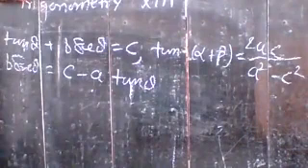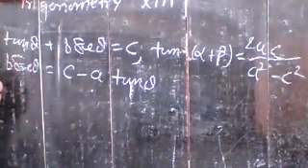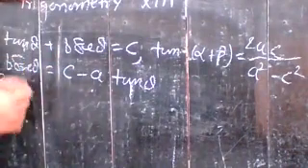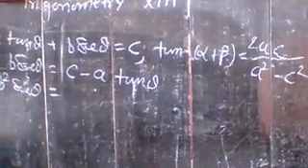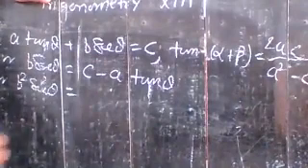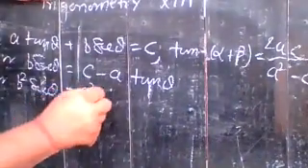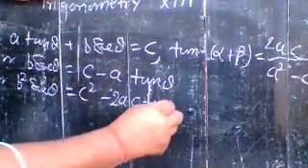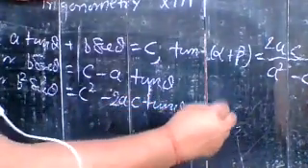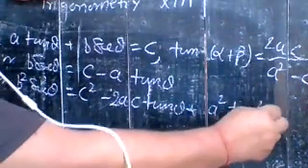Now squaring both sides: b square sec square theta is equal to c square minus 2ac tan theta plus a square tan square theta.